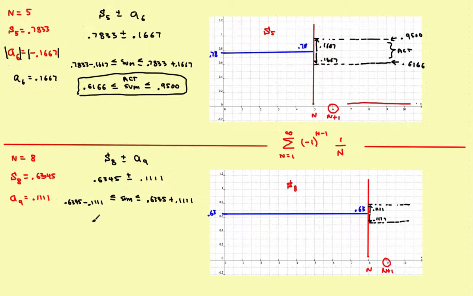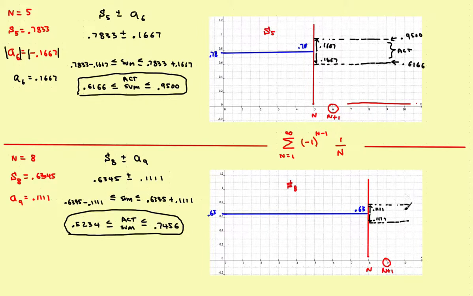Now, if you put this one together, you would get 0.5234, and that has to be less than or equal to the actual sum, which is less than or equal to 0.7456. So if you used 8 terms, you can estimate the actual sum to be somewhere in this range.